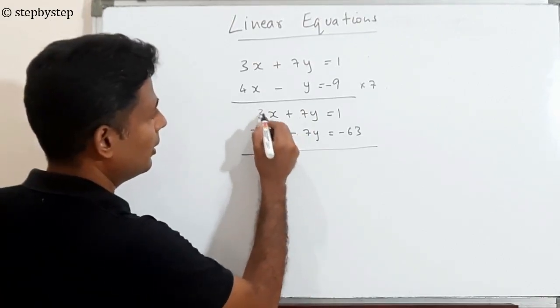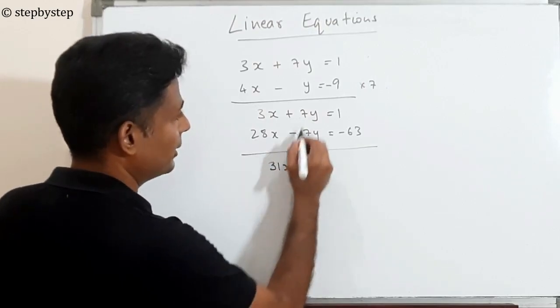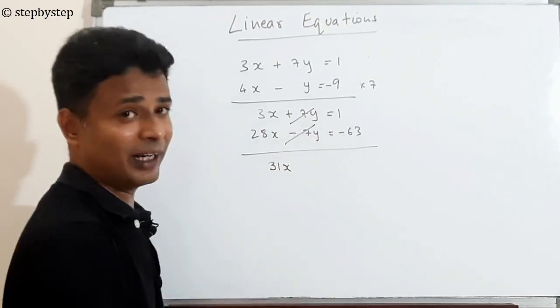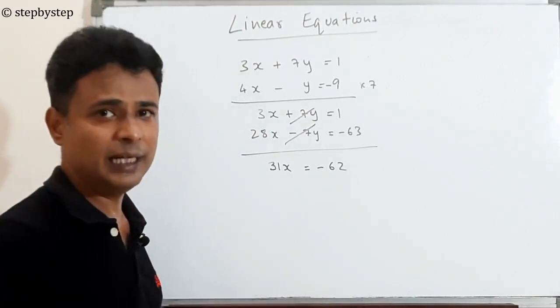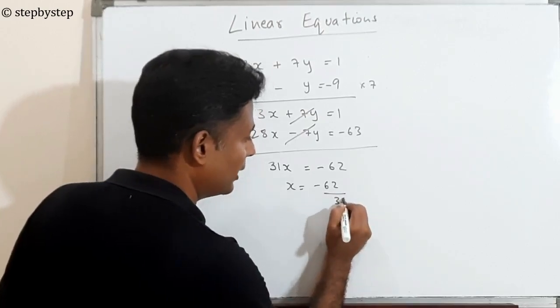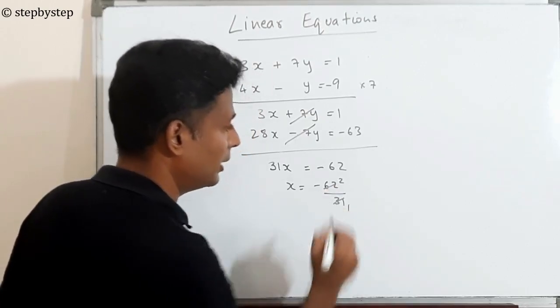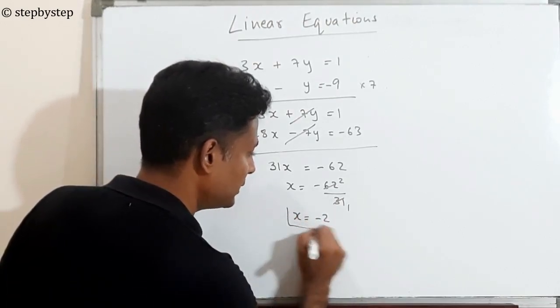So adding 3x plus 28x, we get 31x. Plus 7y minus 7y cancels. 1 minus 63, I get minus 62. So x is equal to minus 62 by 31. So 31 twos are 62. So x equal to minus 2.